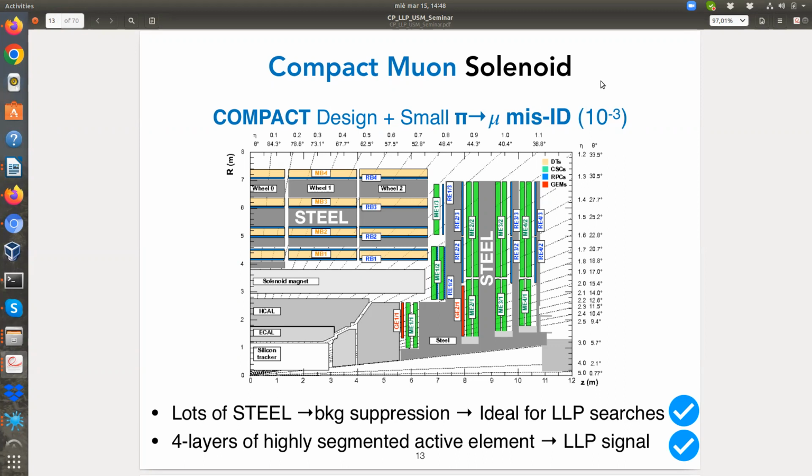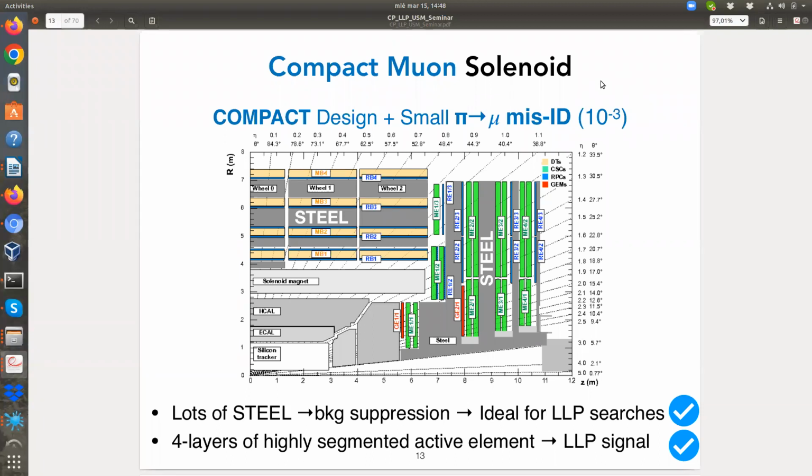We need to return the magnetic field, so we have to interleave the muon stations, which are the colors here, in the barrel section, and the green and the blue in the end caps. It's interleaved with a lot of steel, a lot of absorber material between the muon stations, to be able to return the magnetic field.